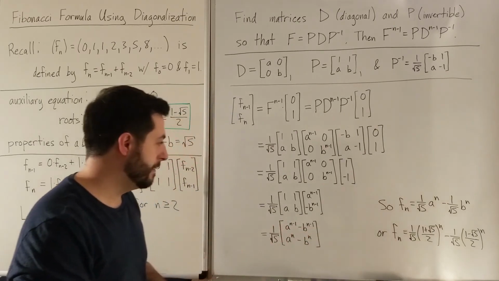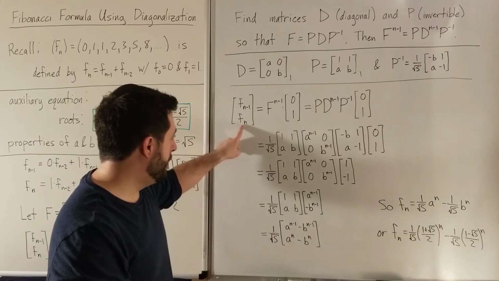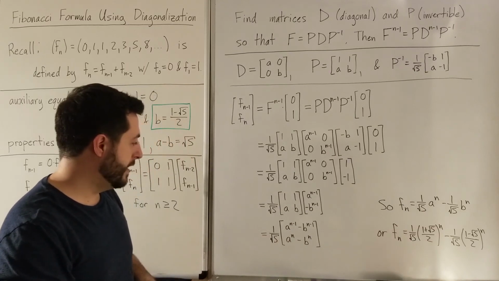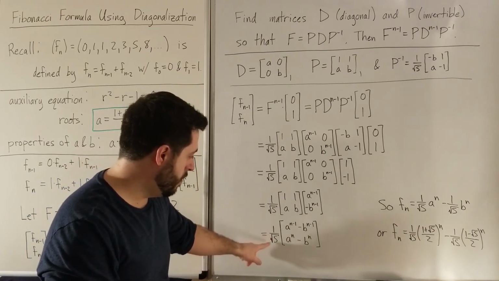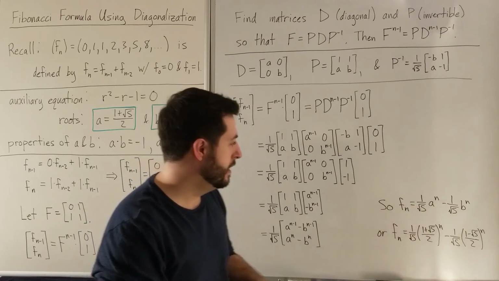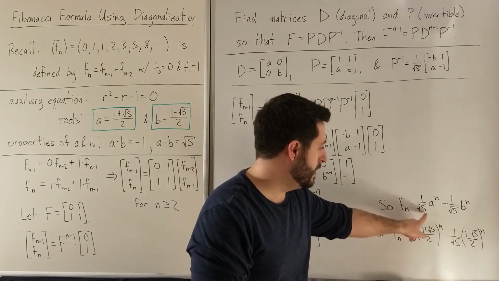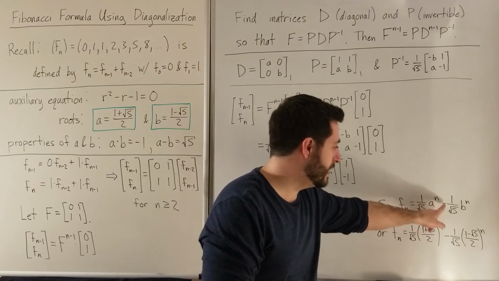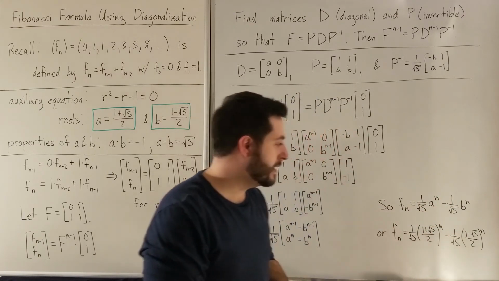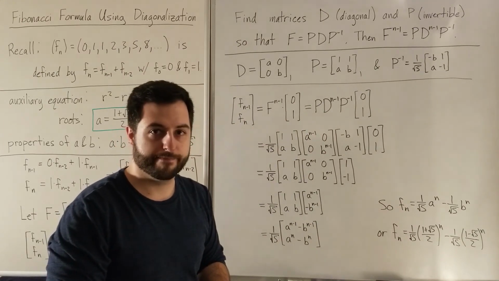And that is the case here. So our bottom entry, f sub n, of this column vector is 1 over the square root of 5 times a to the n minus b to the n. In other words, f sub n is 1 over the square root of 5 times a to the n minus 1 over the square root of 5 times b to the n, which is the exact same answer that we got before.